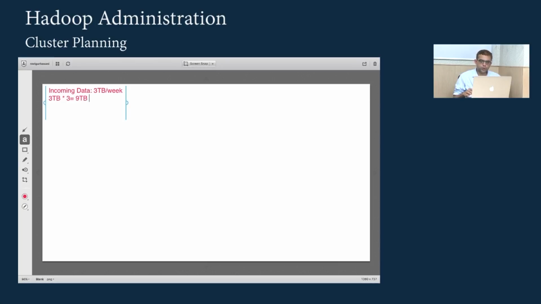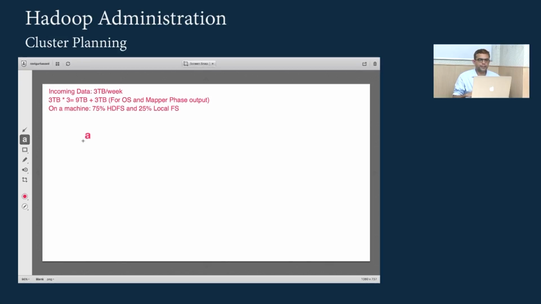And we would also want to have 3 terabyte for operating system and mapper phase output, because mapper phase output is written on local file system. So typically on a machine, 75% is HDFS and 25% is local file system.